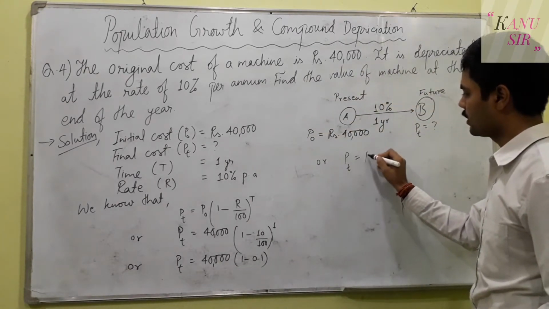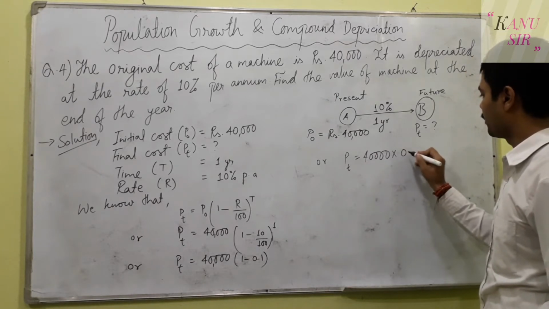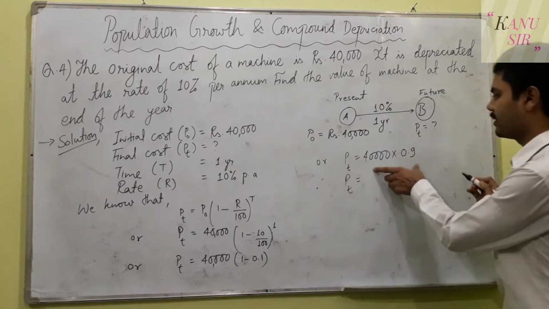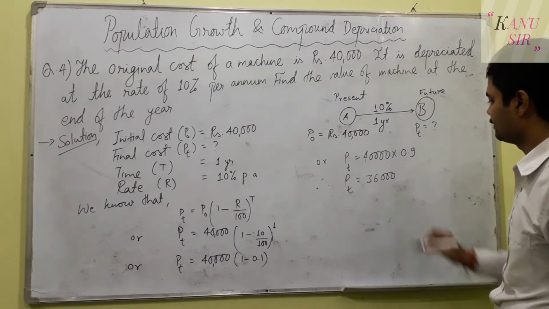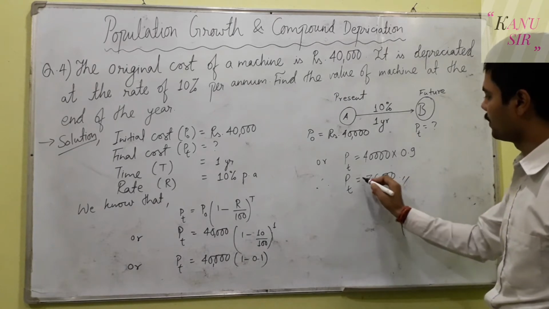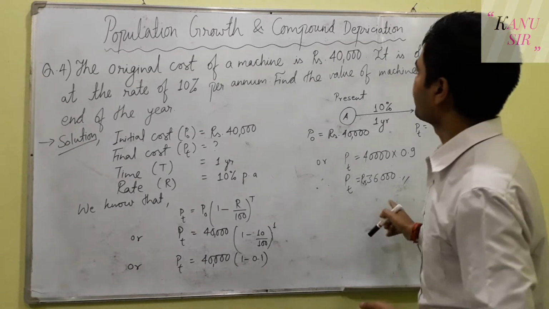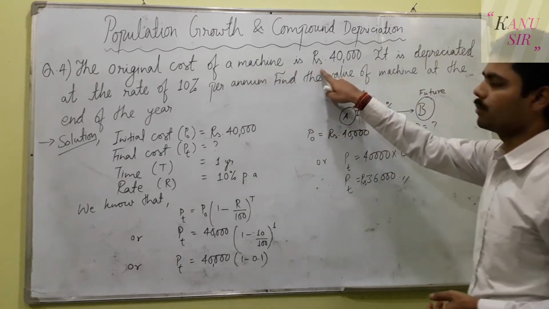PT, the final cost, is the initial cost 40,000 times 0.9. Without using a calculator, it is very simple to multiply. It will come to 36,000 rupees. The final unit is rupees, because the unit of the cost of the machine is rupees 40,000.